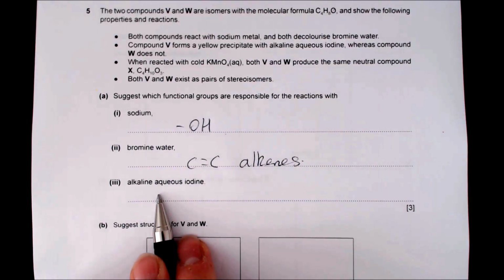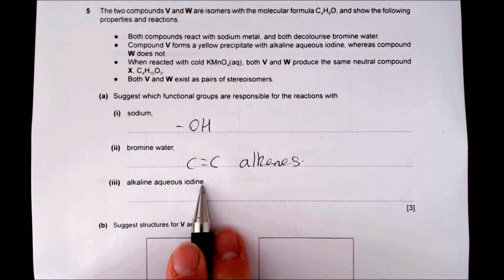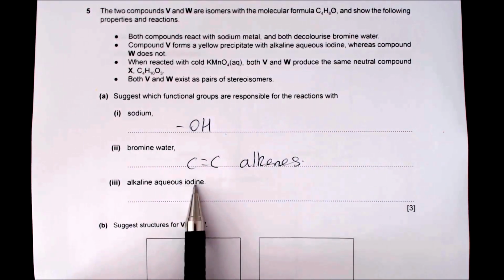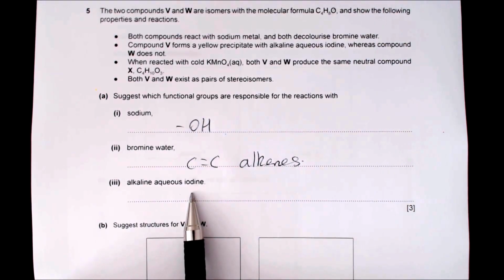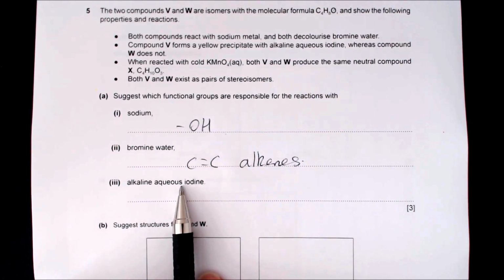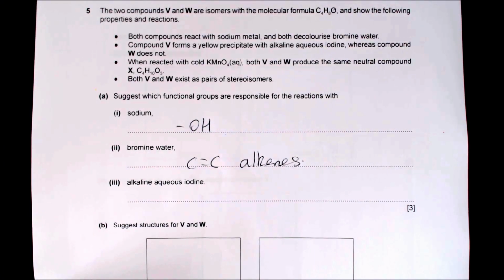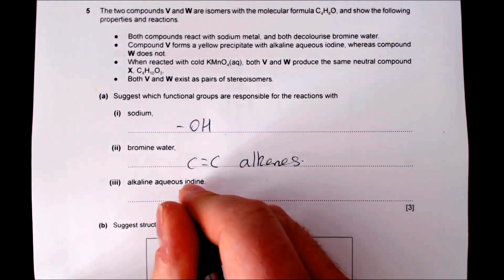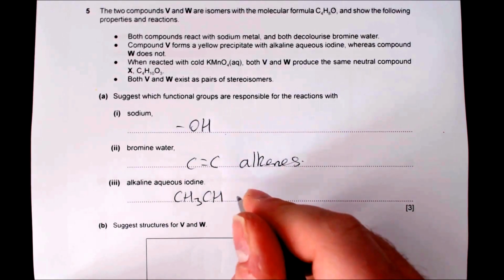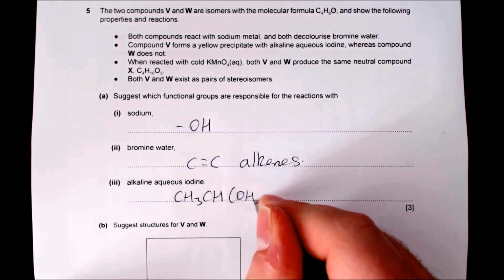Also then, it says alkaline aqueous iodine, so this is effectively discounted. There's two things here. It could be an aldehyde, like a C=O, a test for a carbonyl group, but we know it must contain an OH. So actually this means when we add it to aqueous iodine, it must have that secondary alcohol in there, so CH3CHOH.